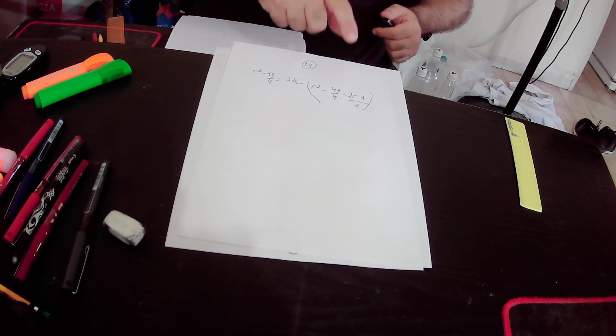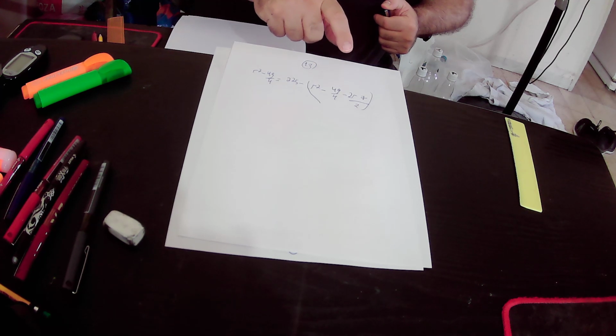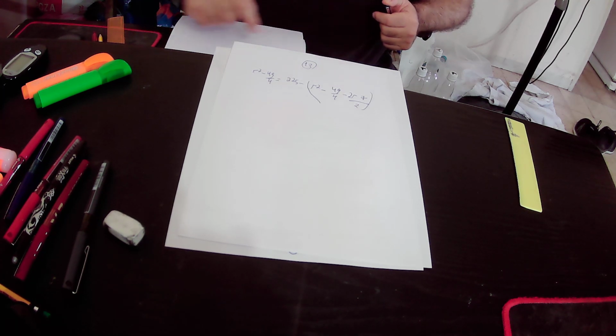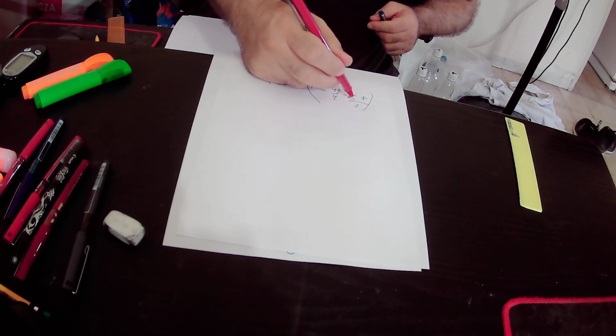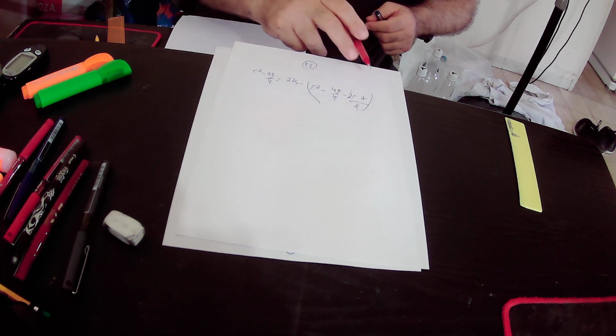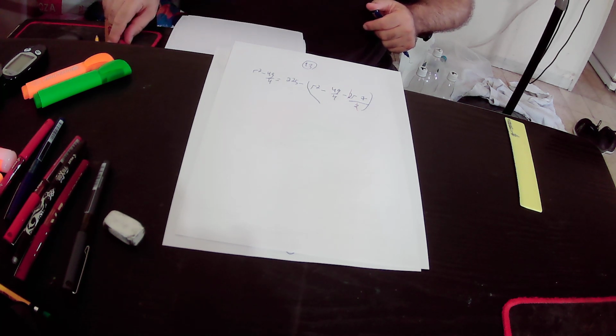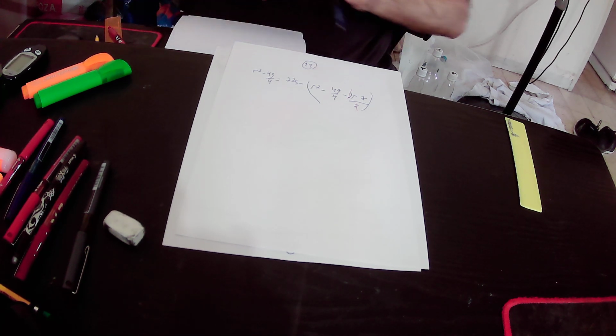Here we have 2 in the numerator and 2 in the denominator, so 2 over 2 is 1 and the 2 is cancelled. What is left here is 7R, so I will open the brackets here.